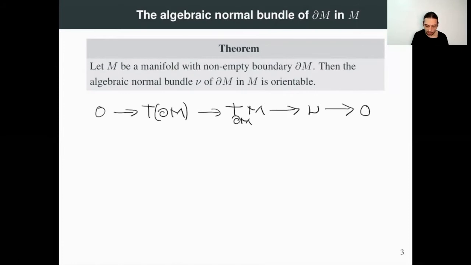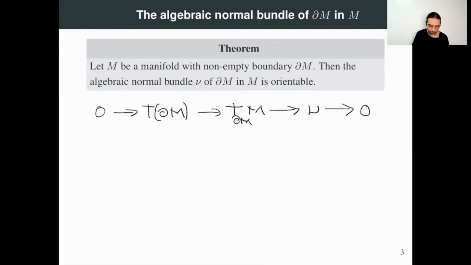Since this vector bundle has dimension m, if m is the dimension of our manifold, and this one has dimension m-1, the last one has dimension 1. So the normal bundle is a one-dimensional vector bundle.